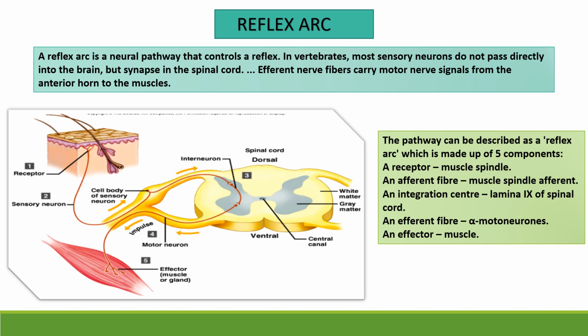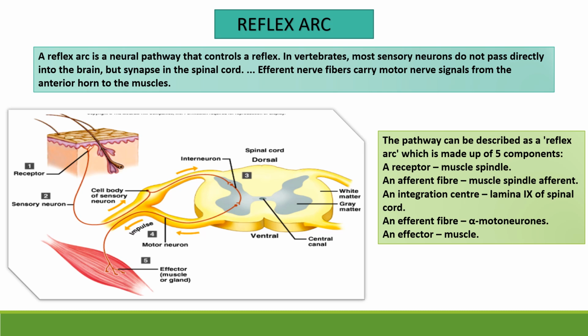Next, an integration center, that is lamina 9 of the spinal cord. The integration center is here, the spinal cord is here. And the efferent fiber, that is the alpha motor neuron.